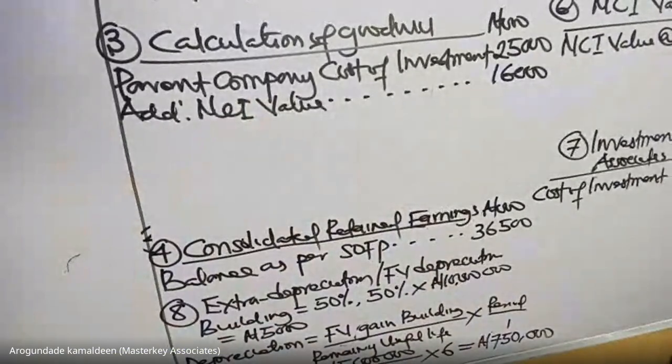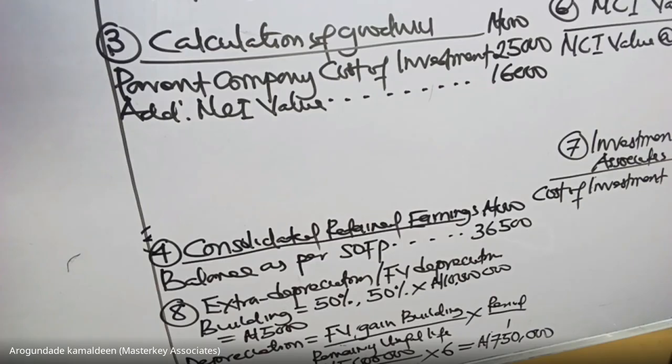Okay, class. That is that. So the next note, note 3: Our PLC acquired 5.62 million ordinary shares in Okpeke Limited on January 1st, 2017 for 12.5 million, when the retained earnings of Okpeke was 3.75 million.